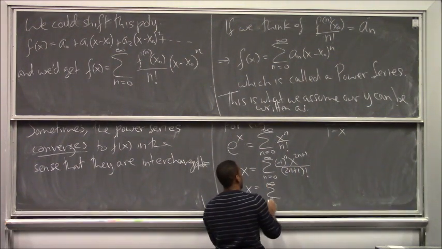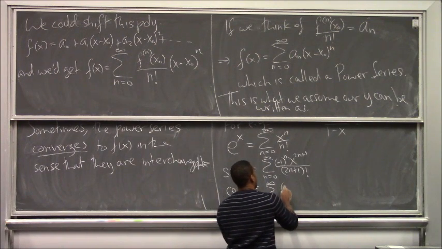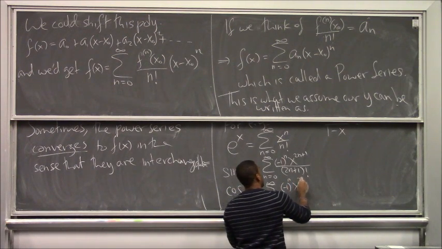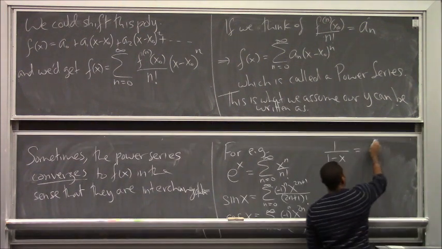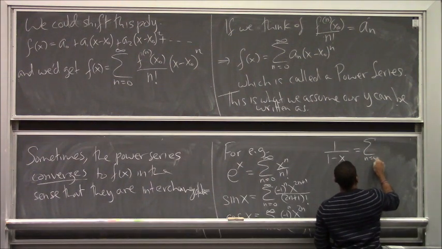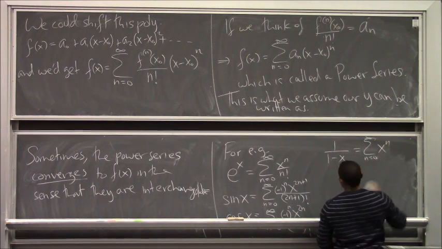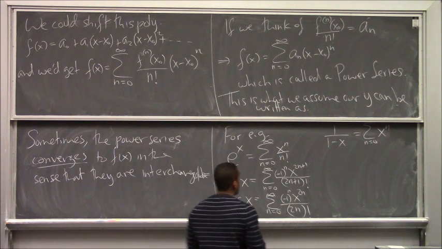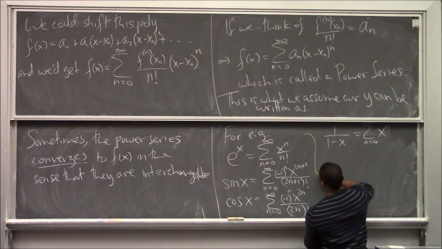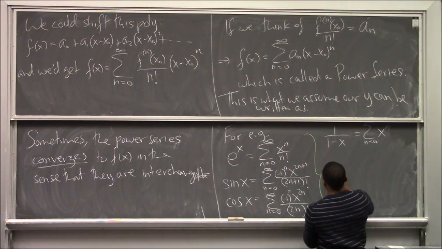Cosine is x to the 2n over (2n) factorial. This guy is x to the n. They also have domains where they work. So these three here work for all real x.